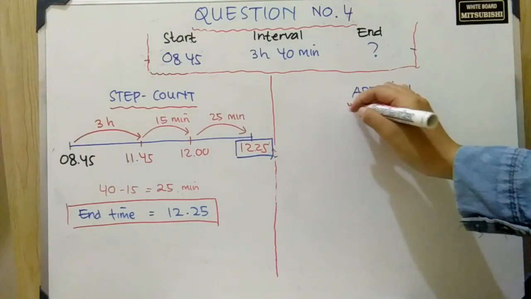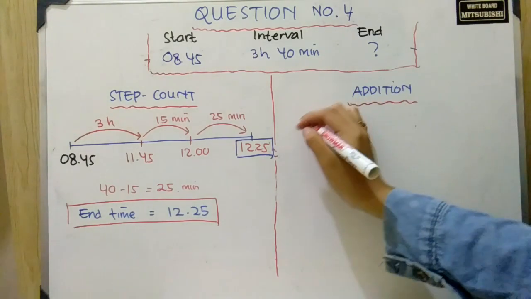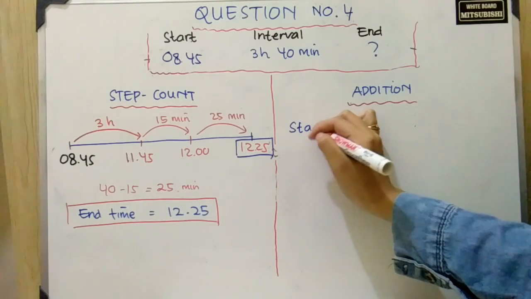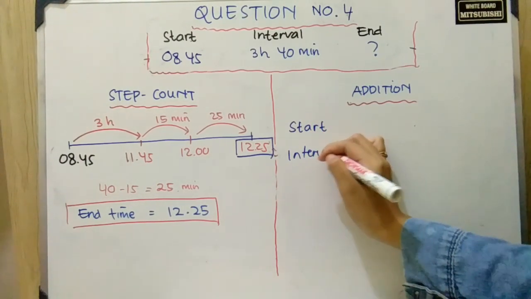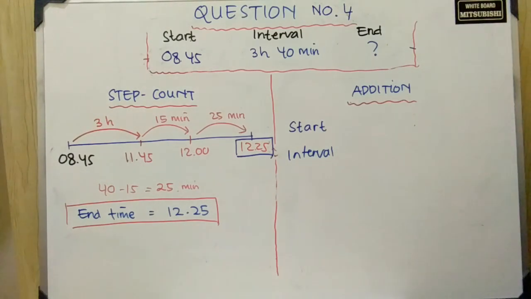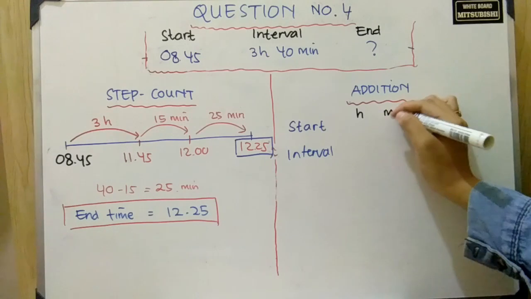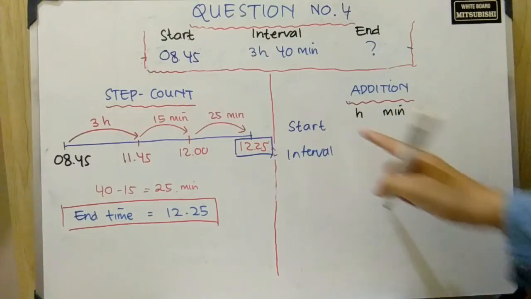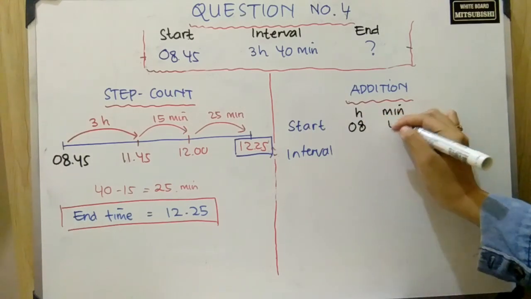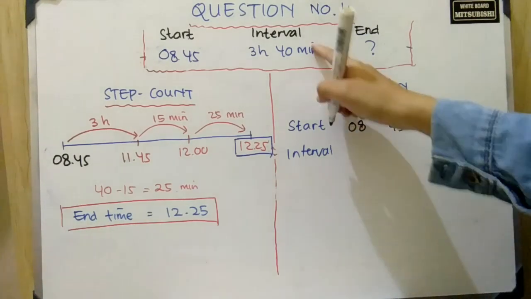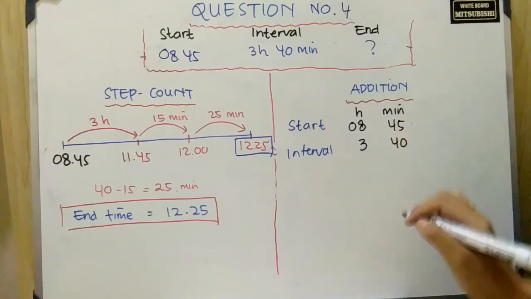Now we're using addition to find the end time. So we add the start time with the interval time. It's the same, we write hour and minute to make it easy for us. Start time is 8:45, so we write 8 and 45, and the interval time is 3 hours and 40 minutes.